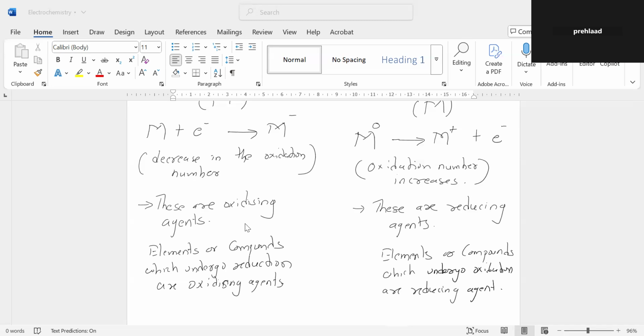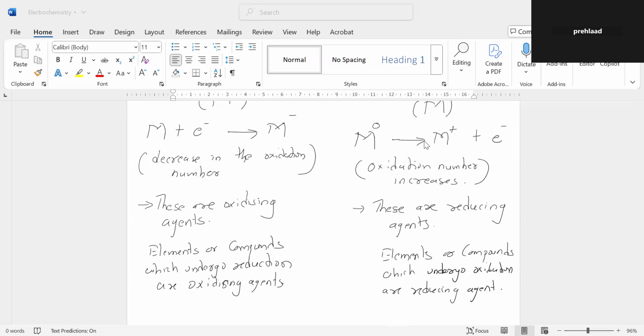Reduction is a process of gaining electrons and oxidation is losing electrons. So anything which undergoes reduction will be a good oxidizing agent. Anything that can undergo oxidation is a good reducing agent. I'll repeat. If something is undergoing reduction, it is an oxidizing agent.